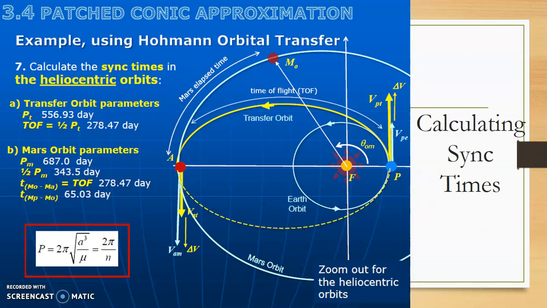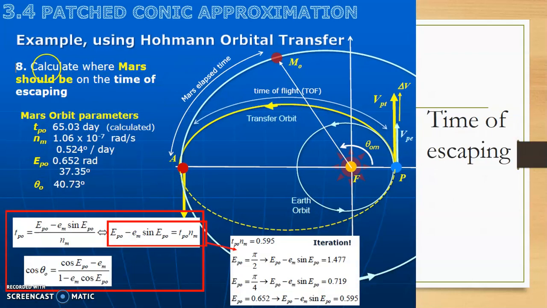We also have TMO minus TMA, which is the time of flight of the transfer orbit parameters. Then TMP minus TMO, where we subtract the half period of Mars itself and the half period of the transfer orbit parameter.